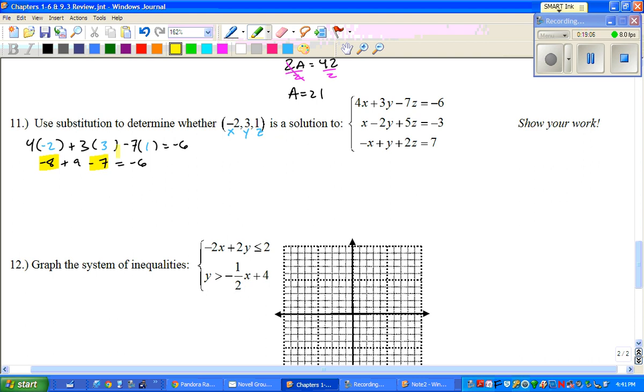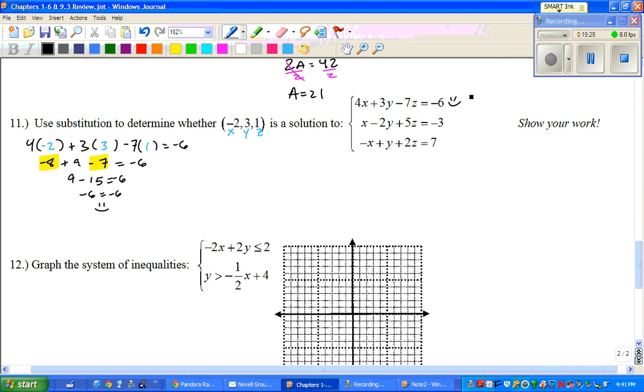I'm actually going to combine my like terms right there. And we get 9 minus 15, right? Oh, not 17, that's 15. 8 plus 7, come on, Mr. Grice. And then when you combine those, you get -6 equals -6, and we're happy.